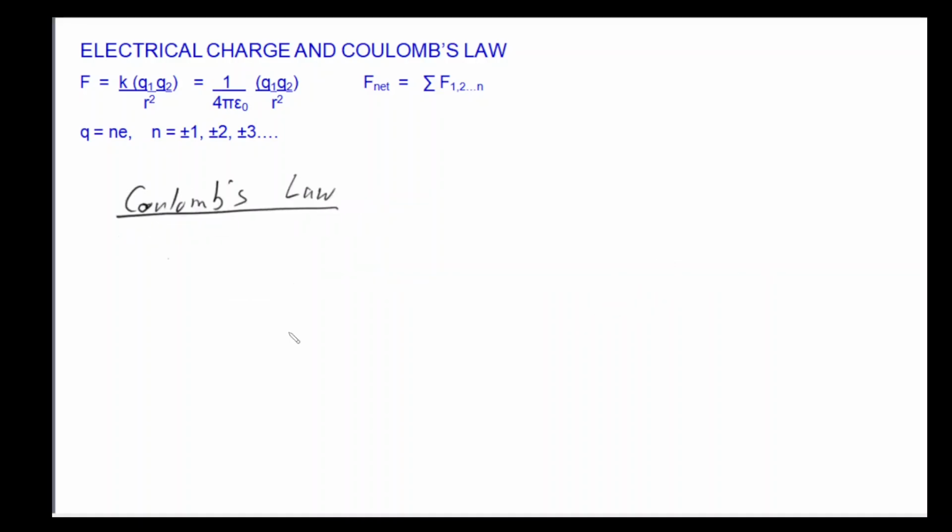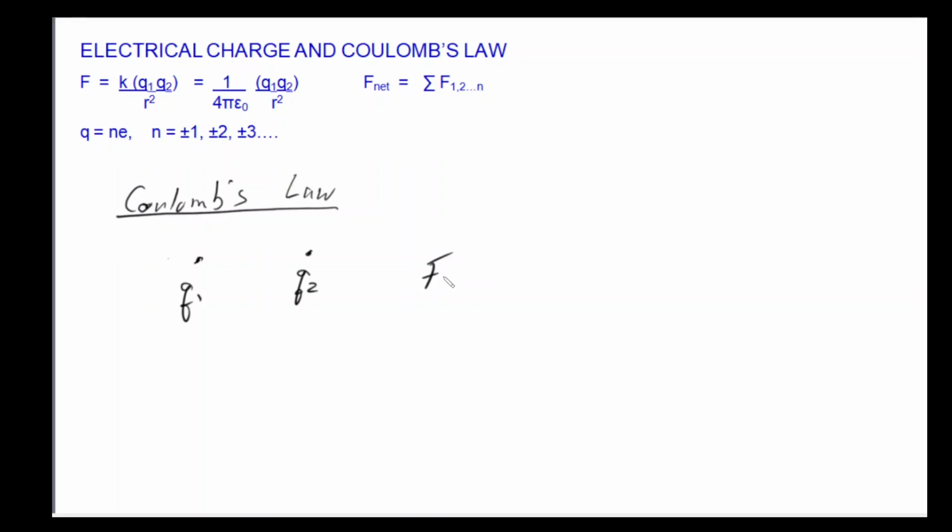Now let's get to Coulomb's law. Coulomb's law is used for charged particles only, not large bodies. And Coulomb's law determines the electrostatic force between charged particles. So if you have a particle with charge Q1 and a particle with charge Q2, we can determine the force between those charged particles.